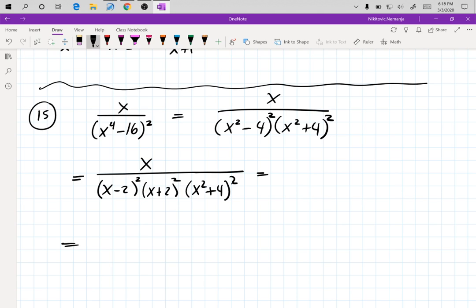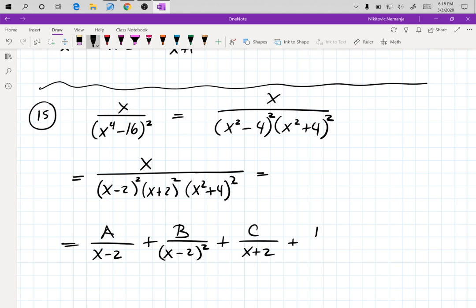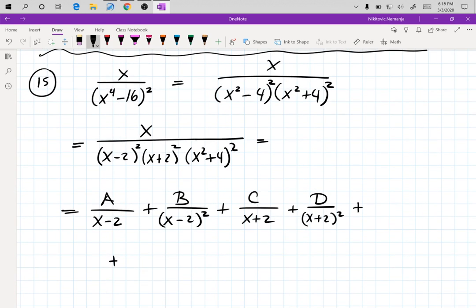So let's go. We have A over x minus 2 plus B over x minus 2 squared plus C over x plus 2 plus D over x plus 2 squared. And finally, plus, we have the third one, which is going to give us another 4 terms here.